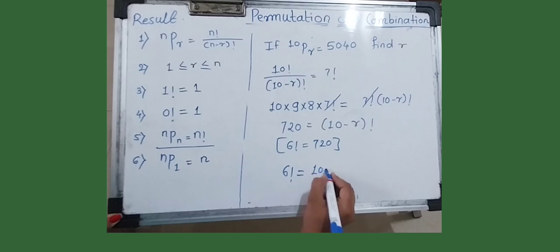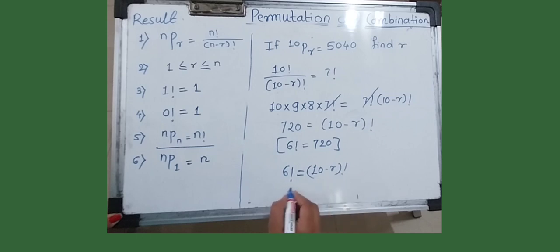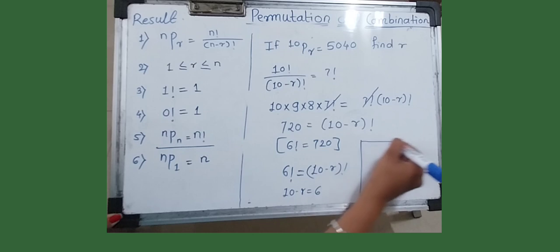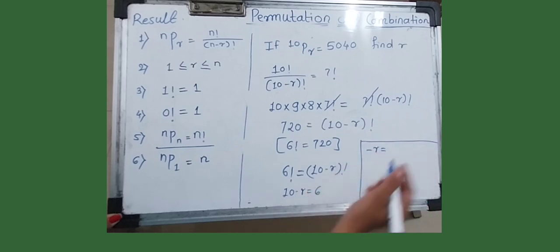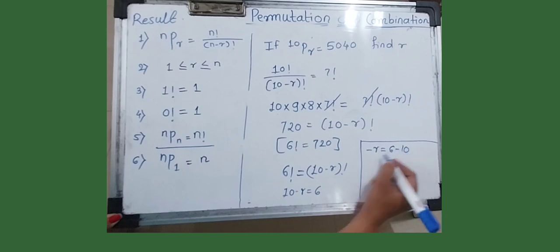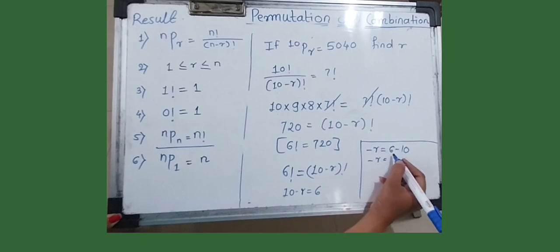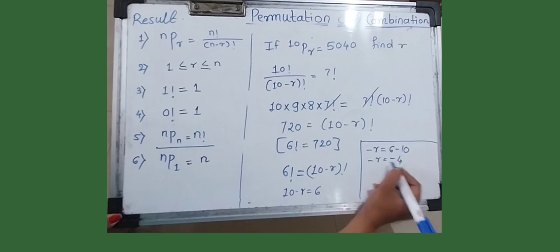On both sides the factorial notation will get cancelled. So 10 minus r equal to 6. Clear? So we have to find r. So minus r equals 6 minus 10, which is minus 4. Minus on both sides gets cancelled, r equal to 4.